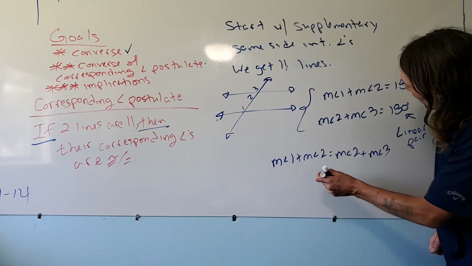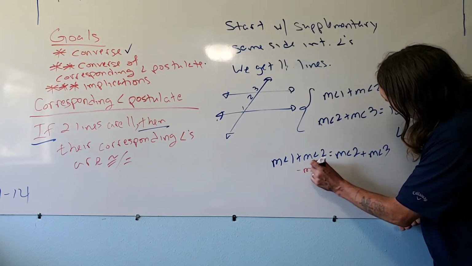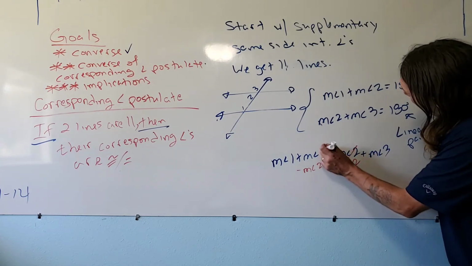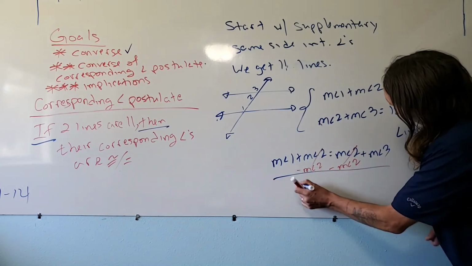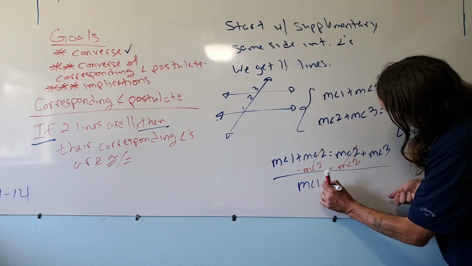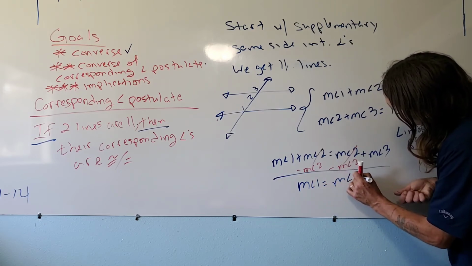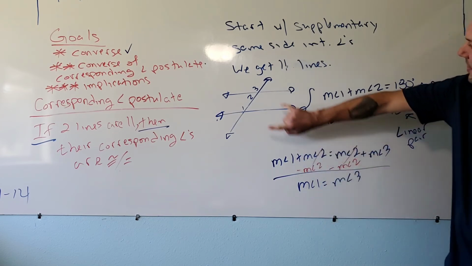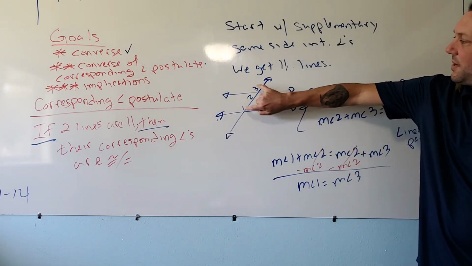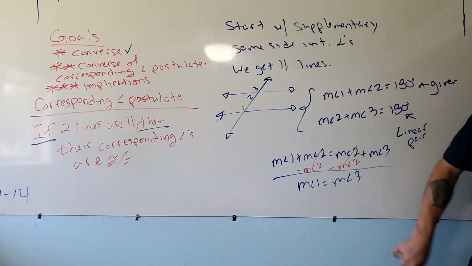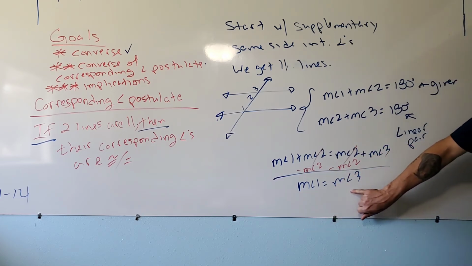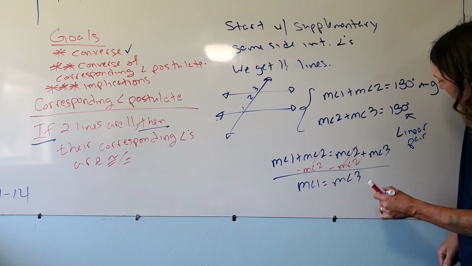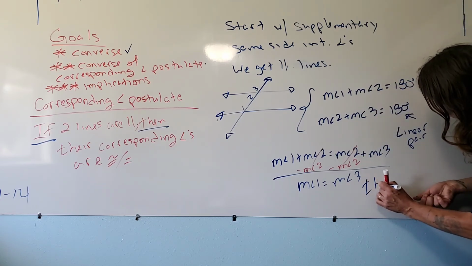And this is a very easy thing to get rid of because if I subtract these from both sides, they cancel out. And I'm left with this. Measure of angle 1 equals the measure of angle 3. Remember, my postulate says that if I can get equal corresponding angles that are in the same position to be equal, that means that the lines must be parallel. So because I got to this part of my argument, I can conclude and I can say with certainty the lines must be parallel.